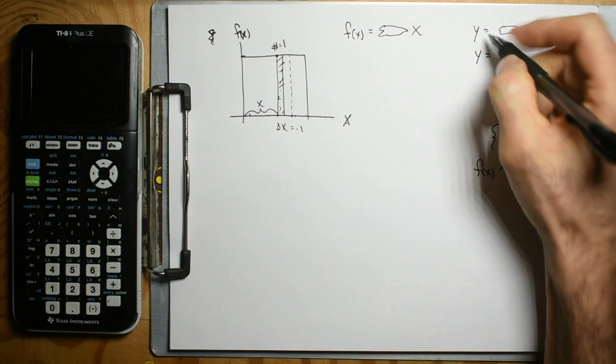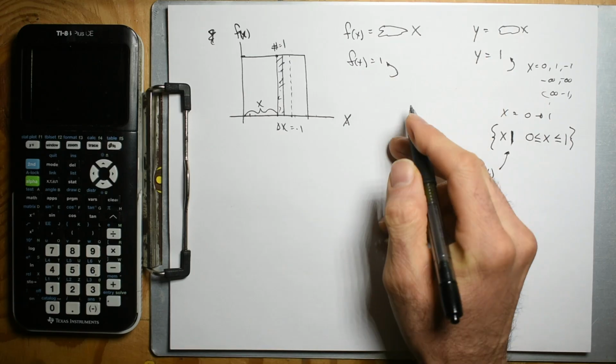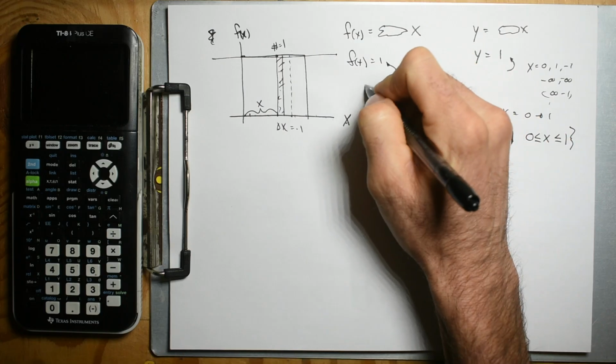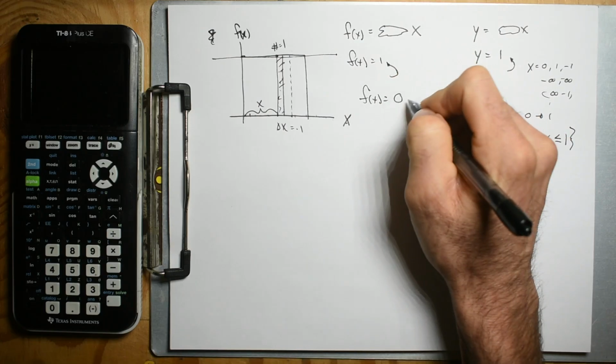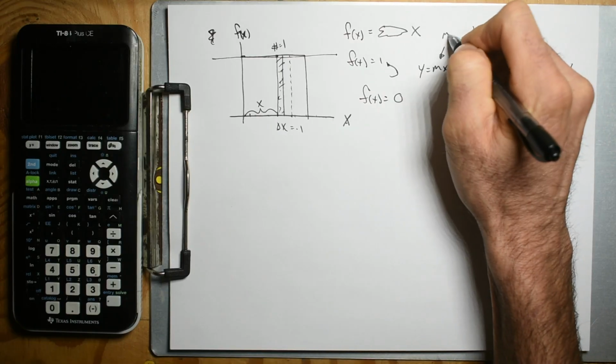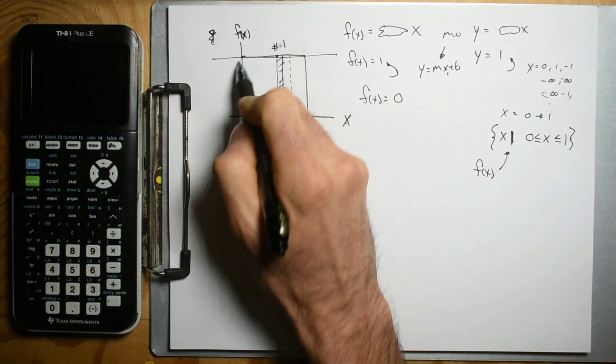But yeah, if f of x is equal to 1, where do I input the x? And that's where we see this is a horizontal line, slope of 0, and that's where I think it's very useful to use y is equal to mx plus b and just see that the slope is 0, and there's the x. The y-intercept is 1.